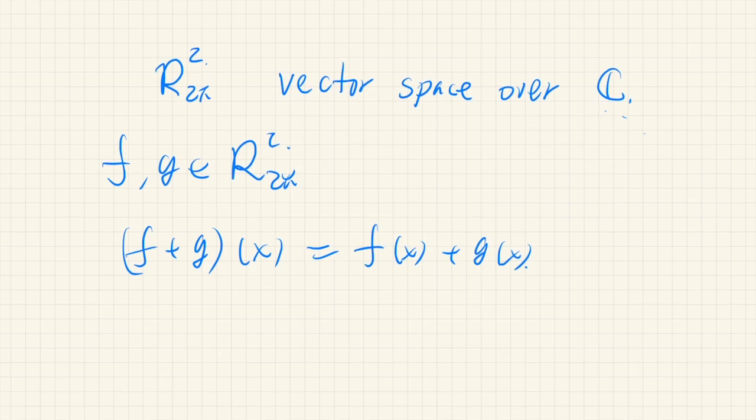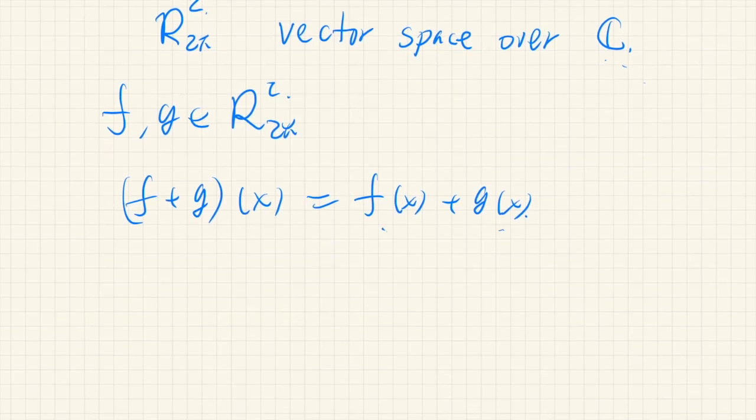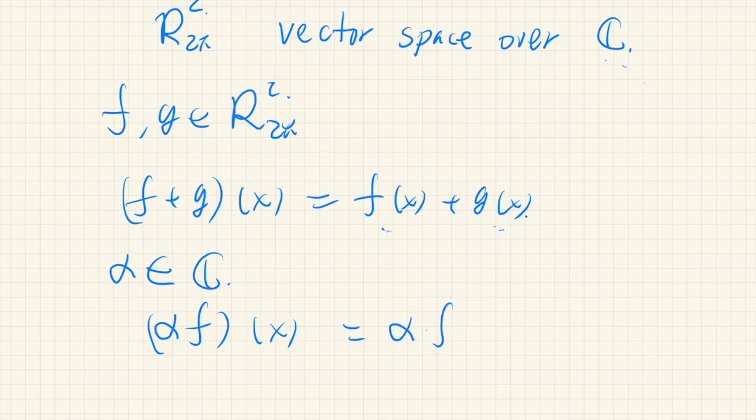So it's just the addition of the functional values. Okay, and for any alpha in the complex numbers, we define alpha f by this equation, alpha times f of x. And of course, x is any real number.